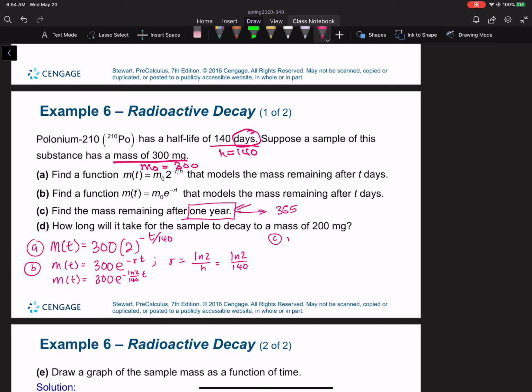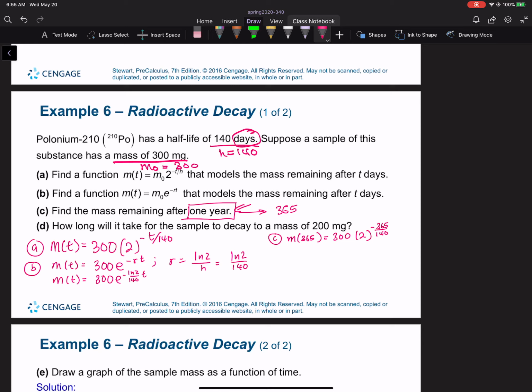So I'm looking at m of 365, which is the same as 300 e... well, let's use the easy one: 300 times 2 raised to the negative 365 over 140.